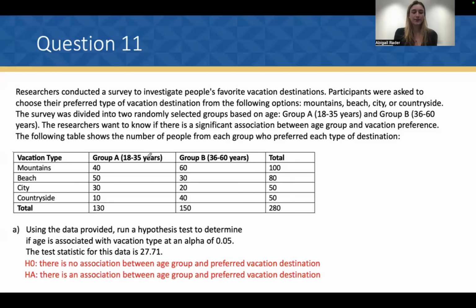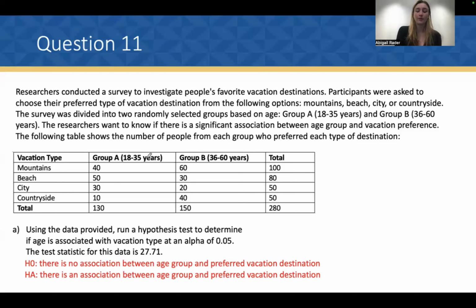And our alternative is that there is an association. It's going to be that language basically every time. We're not writing out any kind of mu, or I guess in this case, proportion is equal to anything, because it's more about whether or not there's an association as opposed to things being equal to each other in the sense that we do when we think about if this was a z-test, for example.